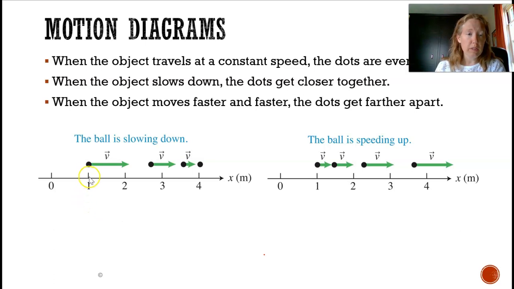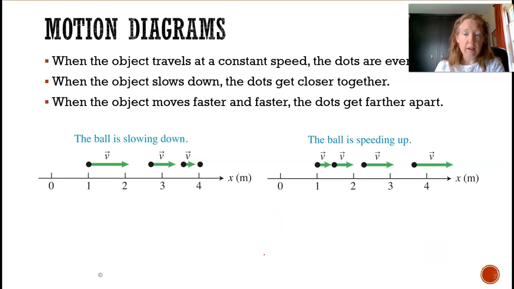And so here you can see on the left-hand diagram that this object is slowing down because the dots get closer together as time goes by. Whereas the object on the right-hand side looks like it's speeding up because the dots get further apart. Okay, so that's one method called a motion diagram.